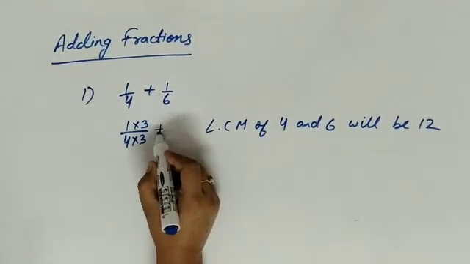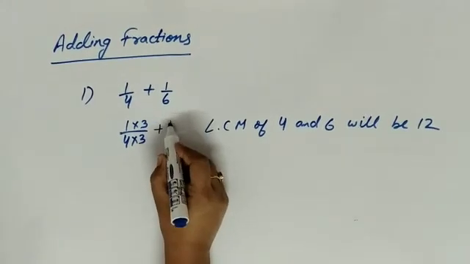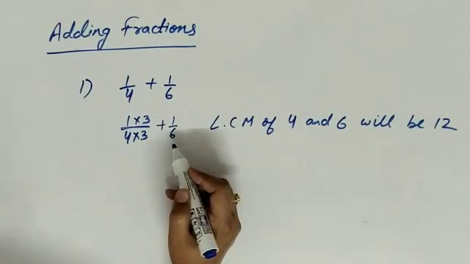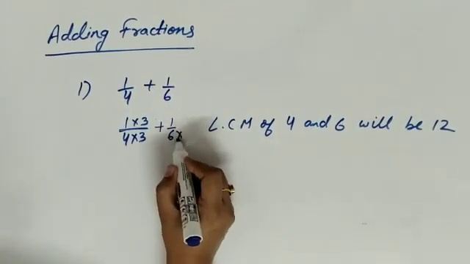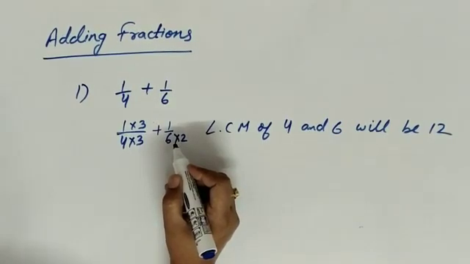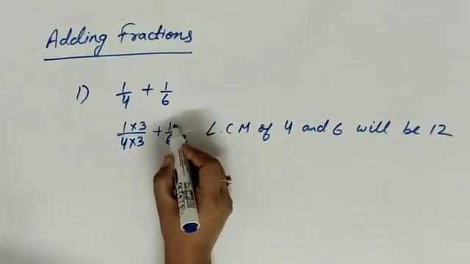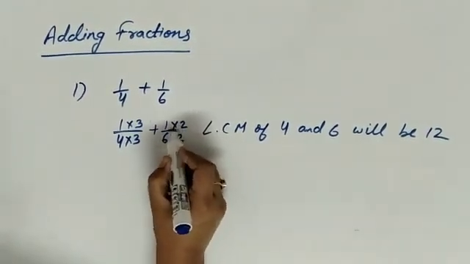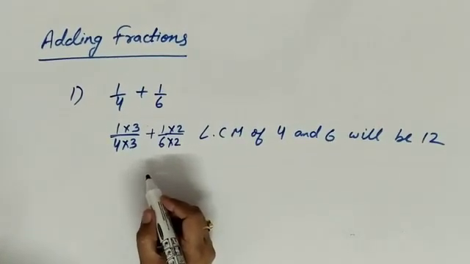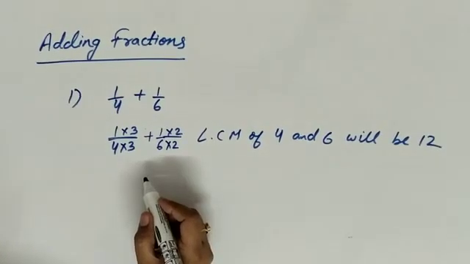Now our next fraction is 1 out of 6. To make 6 as 12, we have to multiply it with 2, but as I have said already, if we multiply the denominator, we multiply the numerator also. So we multiply numerator and denominator both with 2.